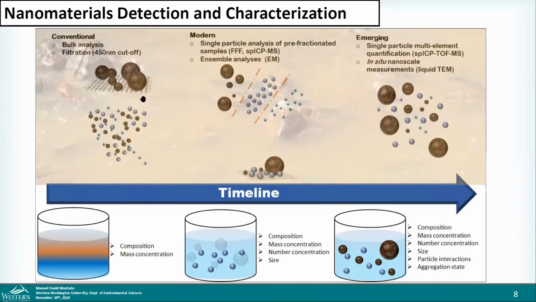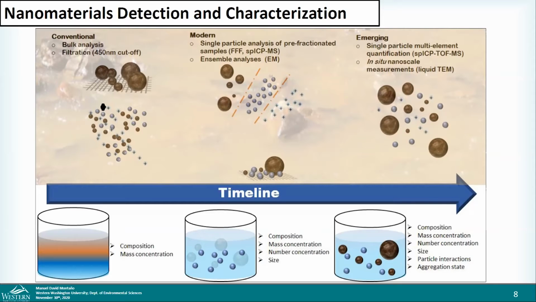And so again, what I'm trying to point out here is that we're moving from trying to identify the whole haystack and trying to tease out concentrations to looking at the individual particles to try and ascertain some information. And then finally looking at the whole collective as a whole and how they interact with each other.